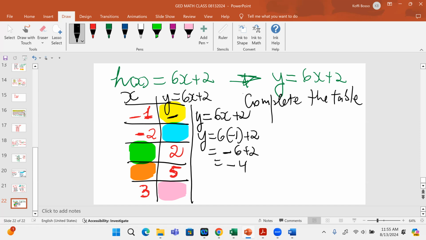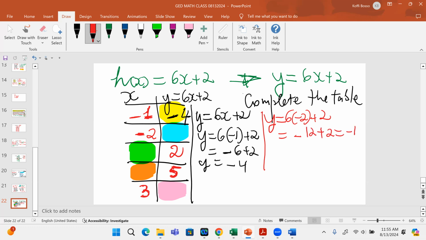So the yellow is -4. When x is -2, same thing, you replace x by -2. We have y is equal to 6 times -2 plus 2. So negative 12 plus 2 is negative 10. So blue is negative 10.